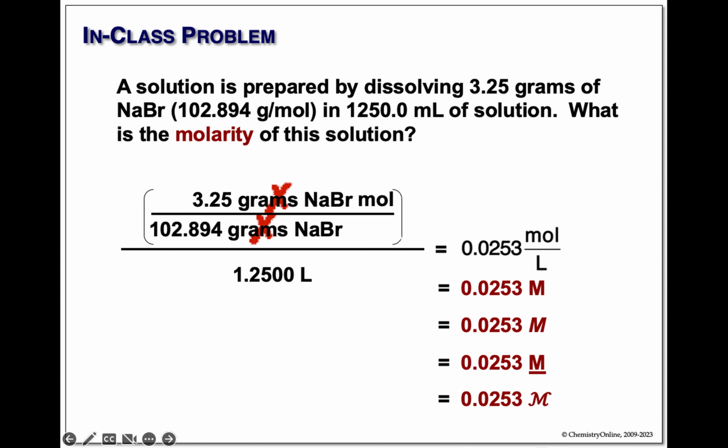The uppercase M can be shown simply as an uppercase M. When word processors came out, people started using an italic just to make sure you knew. Or they underlined it. Or they used a fancy font and used a script M. But it's always uppercase. These are all suitable for molarity. And you'll see them all. Any questions? Simple calculation.